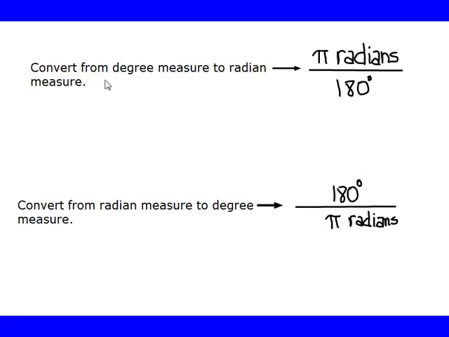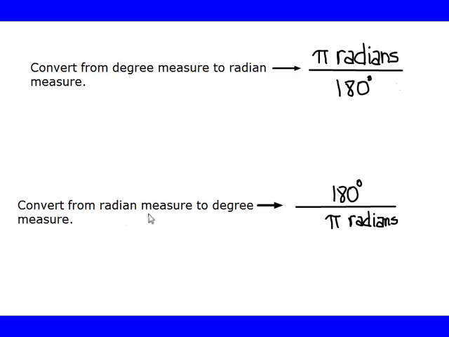Now, we want to convert from degree measure to radian measure. Whenever we want to convert, the measurement that we want to convert from always goes in our denominator. So to convert from degrees to radians, this is represented as pi radians over 180 degrees. This allows us to take an angle and convert it from degrees to radians.